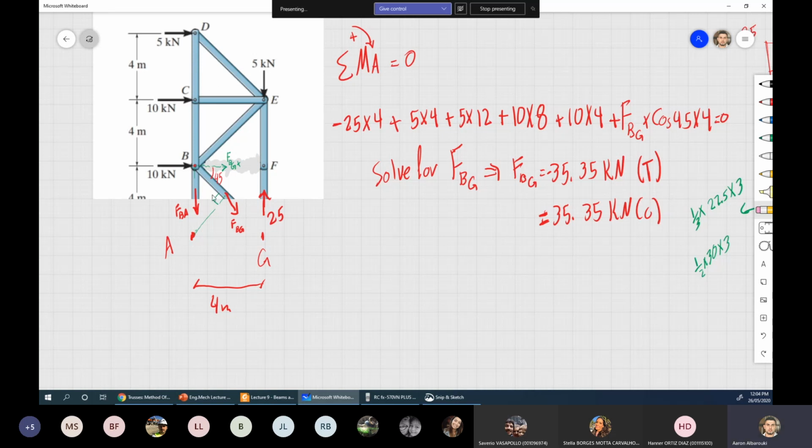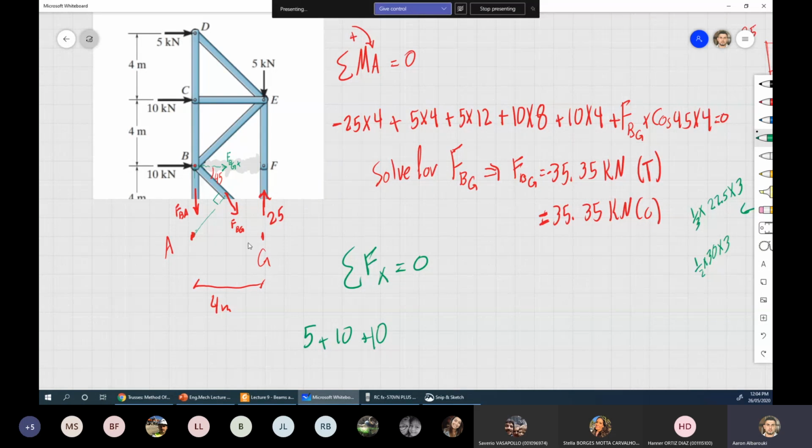All the horizontal forces are known. This is the only one. So if I take sigma Fx from the start equals 0, I'll have 5 plus 10 plus 10. That's it.